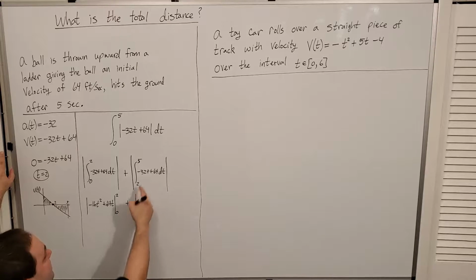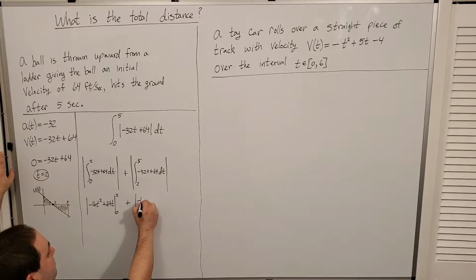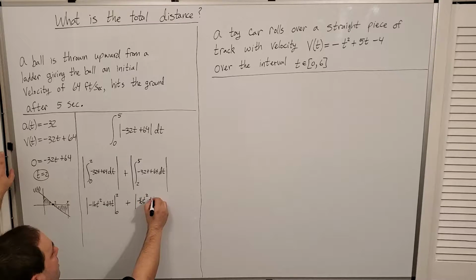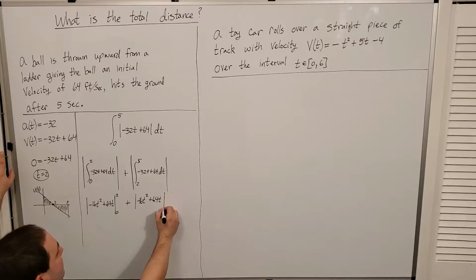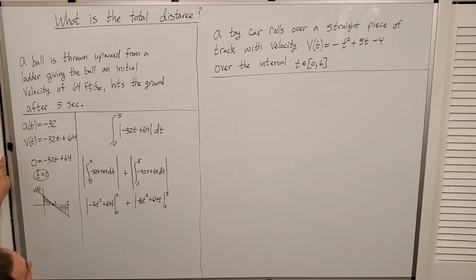And of course this is the same antiderivative, negative 16t squared plus 64t, from 2 to 5. Okay, so over here the 0 is gone because anything of 0 is 0. If I plug in 2 though, I'll have negative 16 times 4, which is negative 64, plus 64 times 2, which is going to give me 128. And of course the absolute value of that is just going to give me 64.